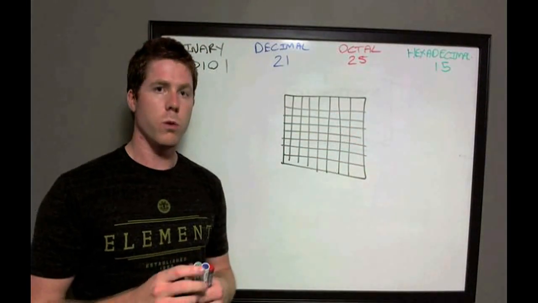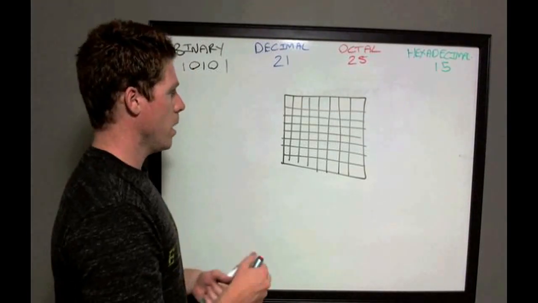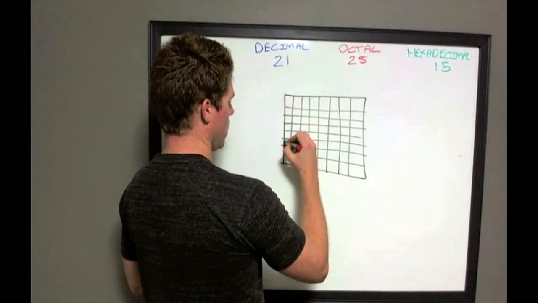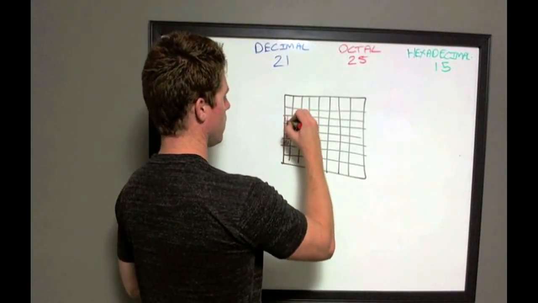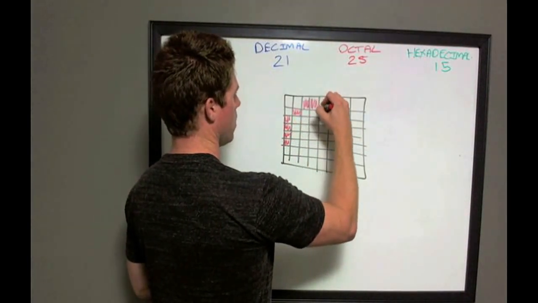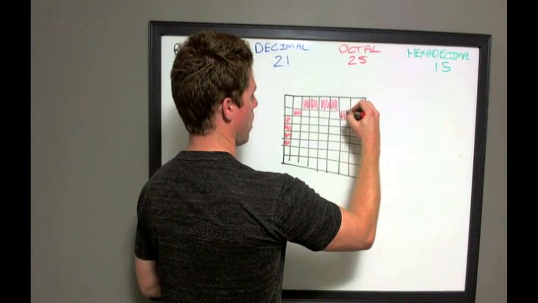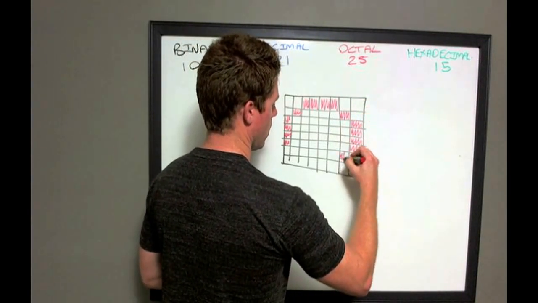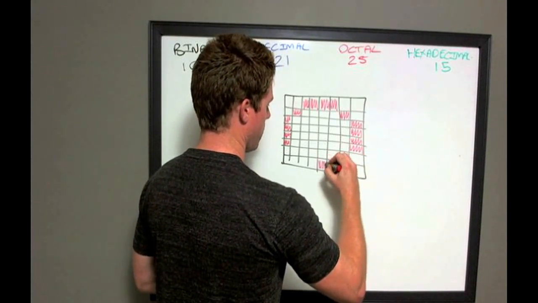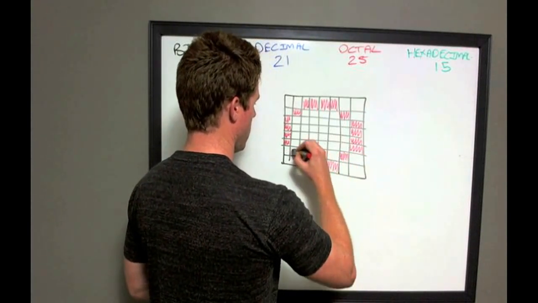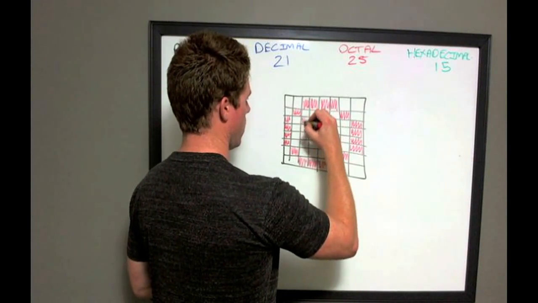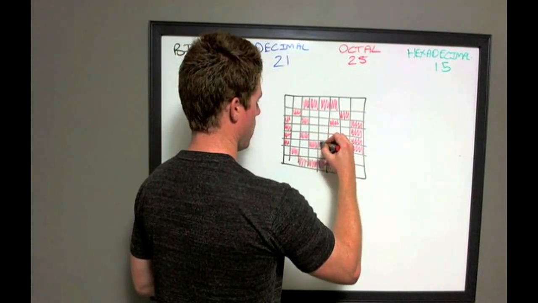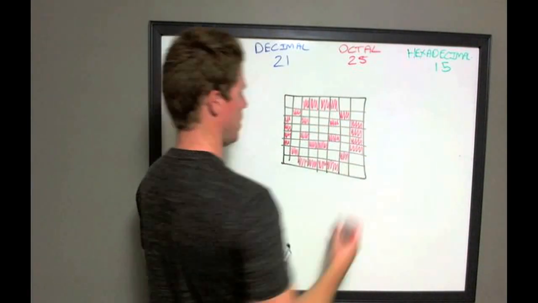So let's say, for instance, we wanted to draw a smiley face on this matrix. Well, it might look something like this. There we go.